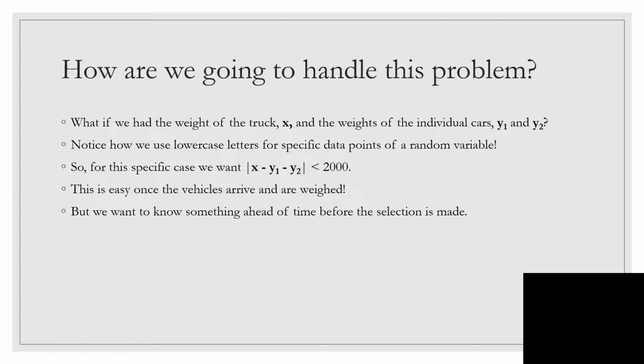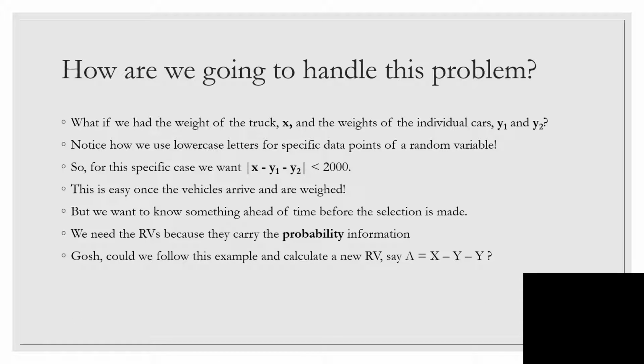But we want to know something about the future before the selection is made. We need the random variables because they carry the probability information. Gosh, could we follow this simple example and calculate a new random variable? Let's say A for answer. And A would carry all the probability information for every value of truck weight minus the two car weights, for every possible truck weight and car weight.